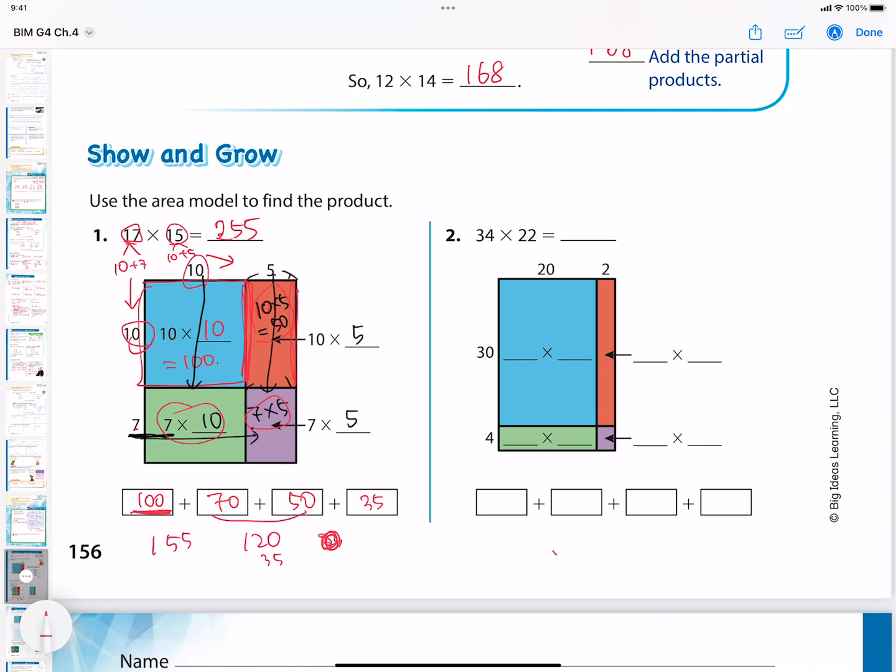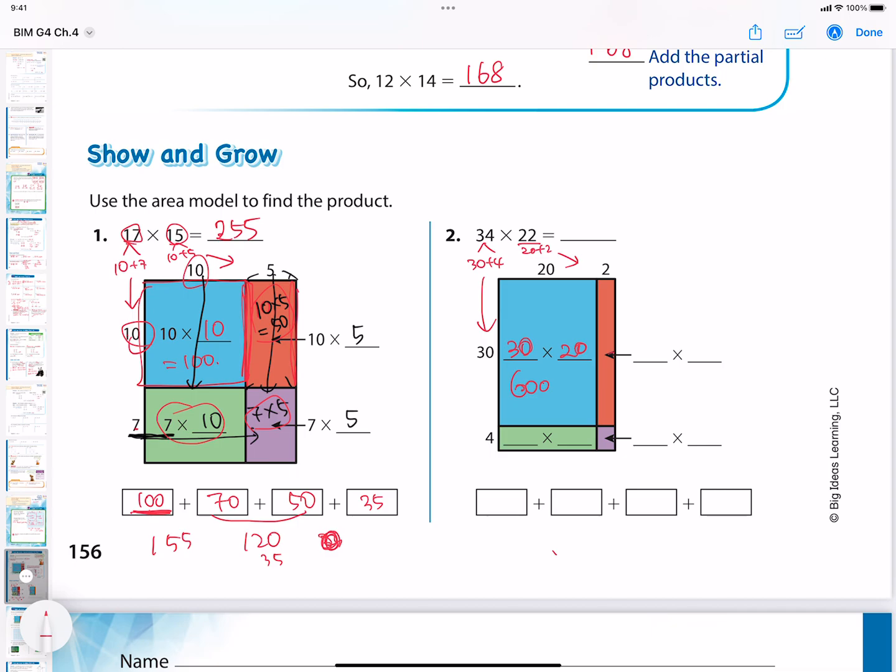Number 2. Okay, you split that into what? 30 plus 4 here. You see that? And then 20 plus 2 this side. Okay? Horizontal and vertical. 30 rows of 20. 3 times 2 is 6 and 2 zeros, right? So 600.